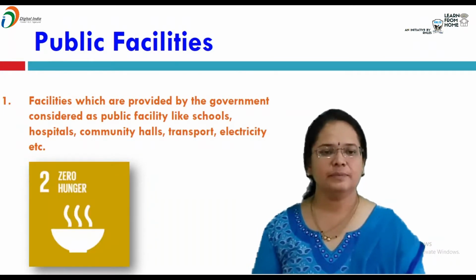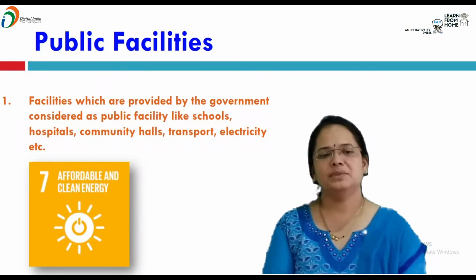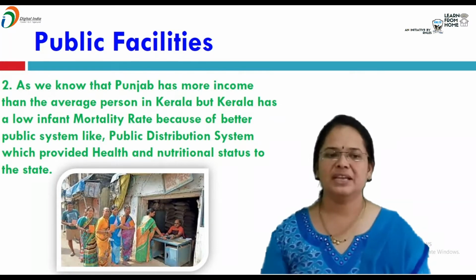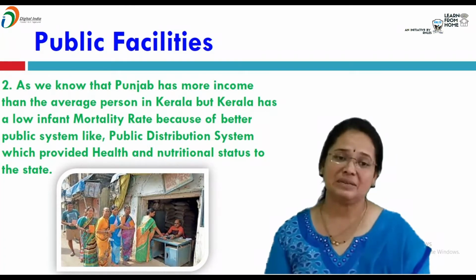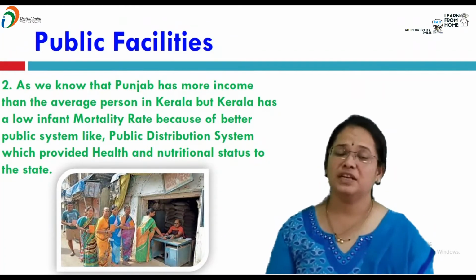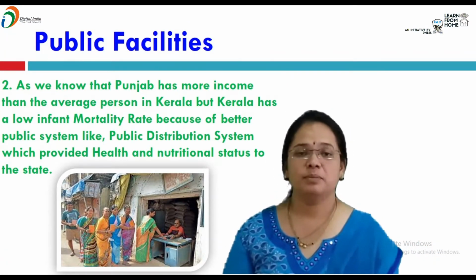Okay. Next, Punjab has more income than the average person in Kerala, but Kerala has a low infant mortality rate because of better public systems like the public distribution system, which provides better health and nutrition to the citizens of the state.